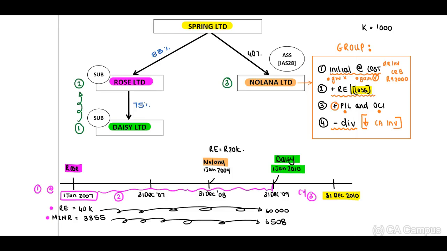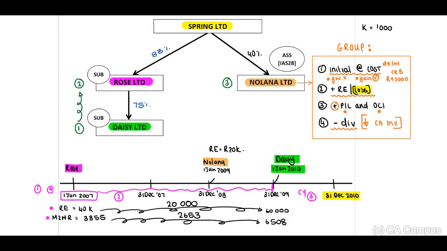Therefore, we are able to identify the retained earnings for the period from 1 January 2007 until 31 December 2009 amounts to 20,000, and the mark-to-market reserve from 1 Jan 2007 to 31 December 2009 amounts to 2653.